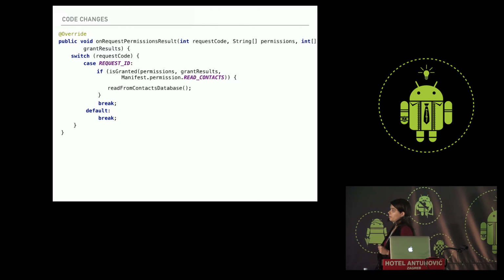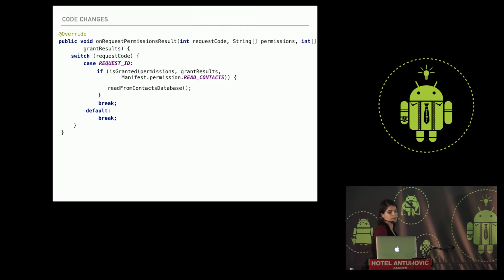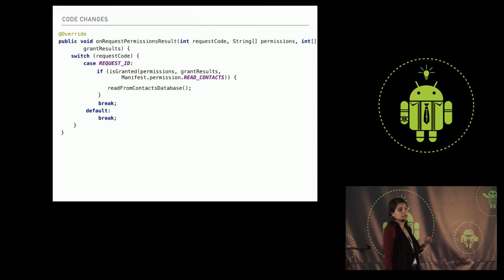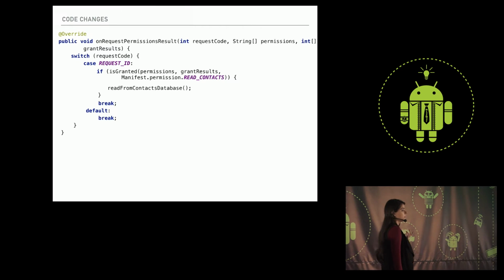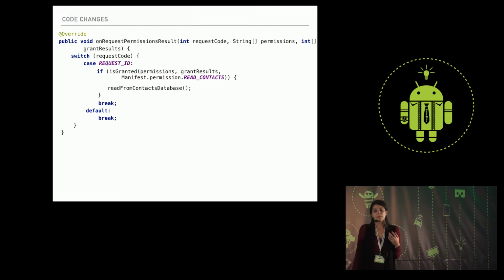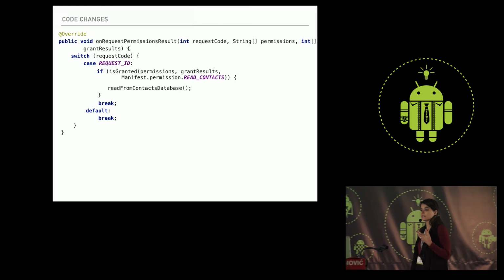So this is the callback that needs to be implemented. It quite resembles the on-activity result mechanism. There's an ID which you need to connect with the request, and then you need to verify if permissions are granted. If you look closer, you'll see that in this callback you get an array of permissions and an array of grant results.